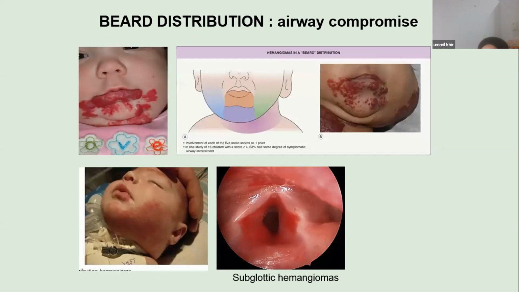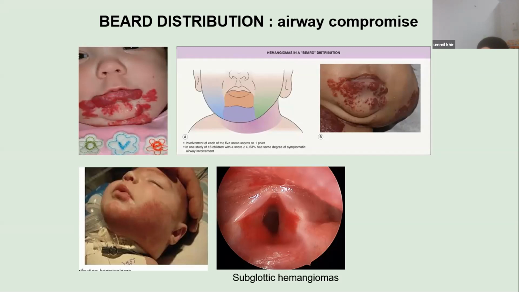This is airway hemangioma. The risk of airway hemangioma is higher with segmental hemangioma located in the cervicofacial or mandibular area, which we also call the beard distribution. Okay, the possibility of airway hemangioma must be considered in any child who has a cutaneous hemangioma in this area, because they tend to develop progressive hoarseness or stridor.